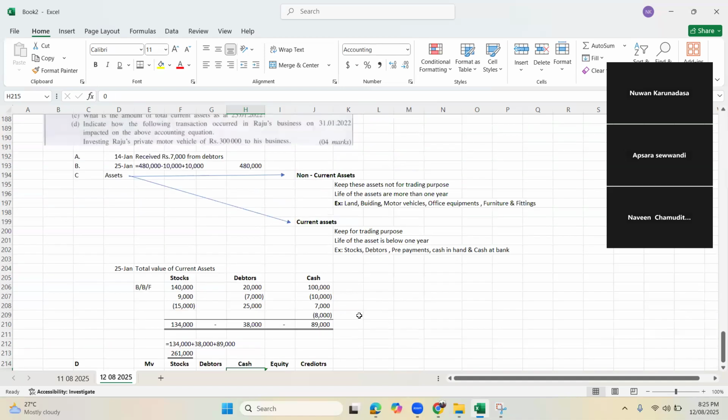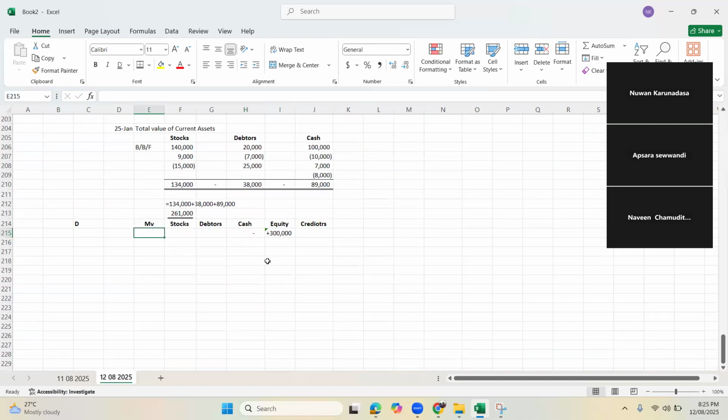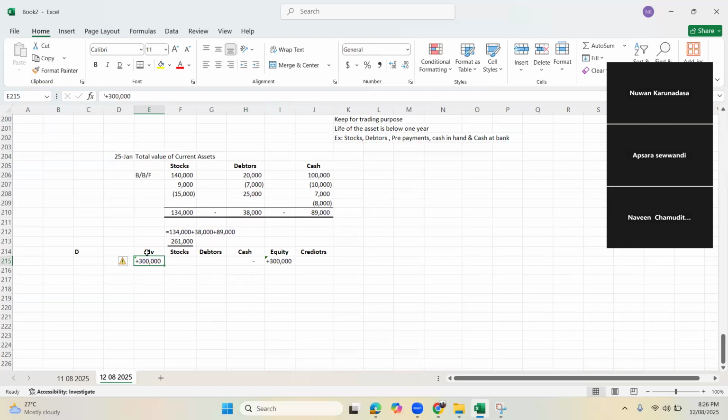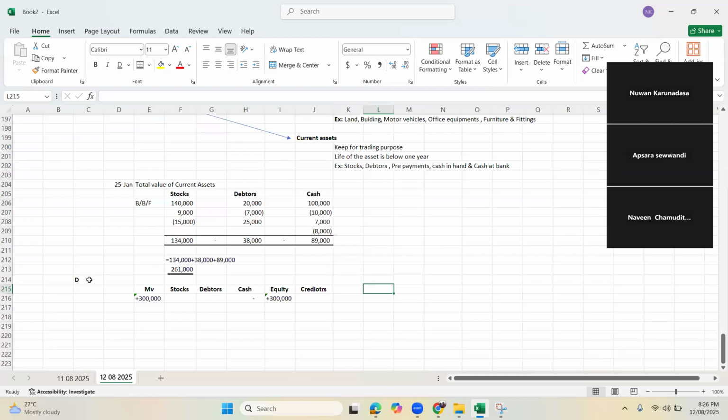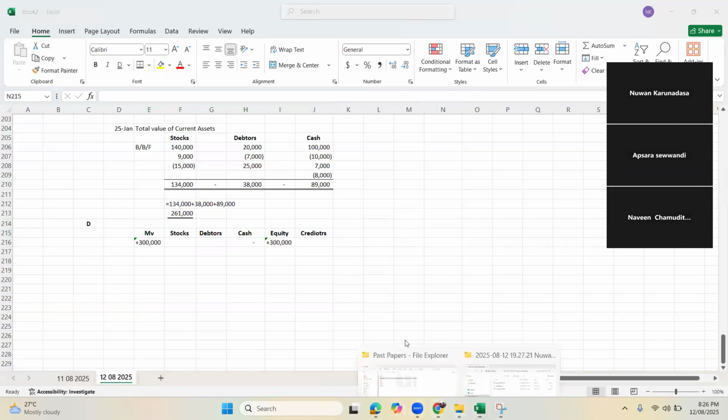What's coming into us? Motor vehicle. Yes, we are receiving a motor vehicle from whom? From the owner. So easy. See the way I am doing the question. If you do like this in the examination, definitely you will get an A for the subject. Don't worry, we will practice more questions and we'll see one more.